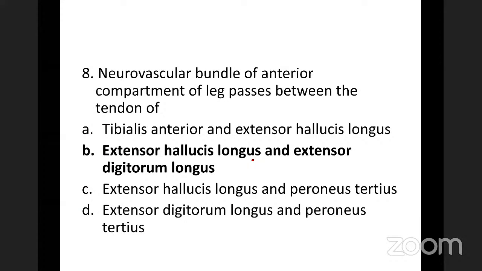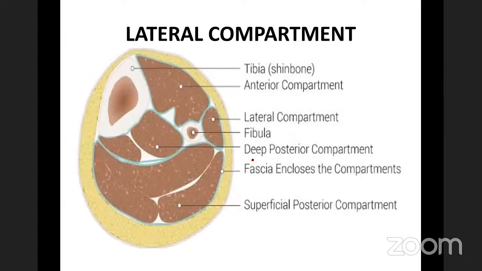We have finished the anterior compartment. Now we will study the lateral compartment. Students, about the anterior compartment, quickly, can you name some muscles of that? Tibialis anterior, then extensor digitorum longus, very good. Then extensor hallucis longus and peroneus tertius. Very good.